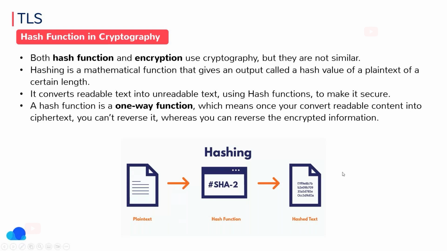Okay, so what happens in case of hashing is you send your plain text into a hash function, and then it will convert it into something which is very secure, and it is not easy to decode. The main function of hashing is not to send the data so that the others can decode it. The main function of hashing is to store the data securely. Okay, I'll tell you the use cases in some time.